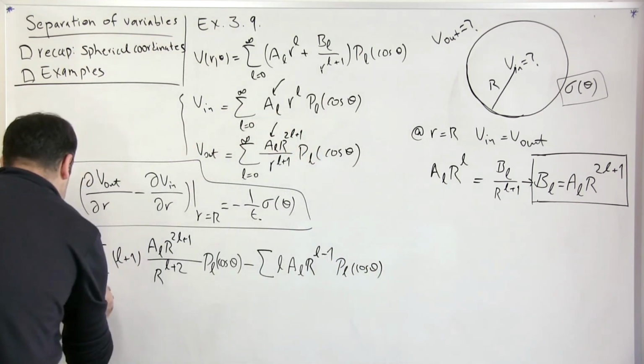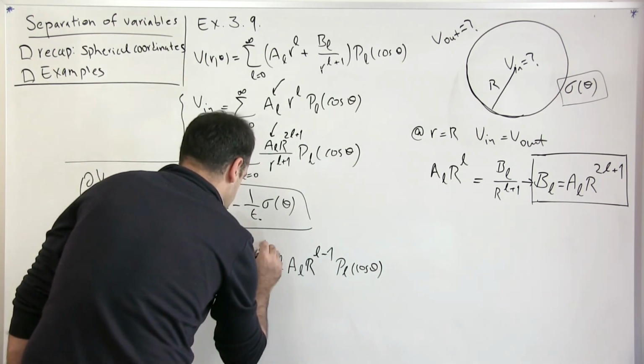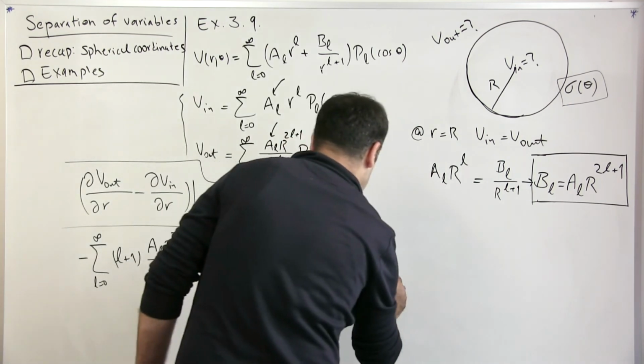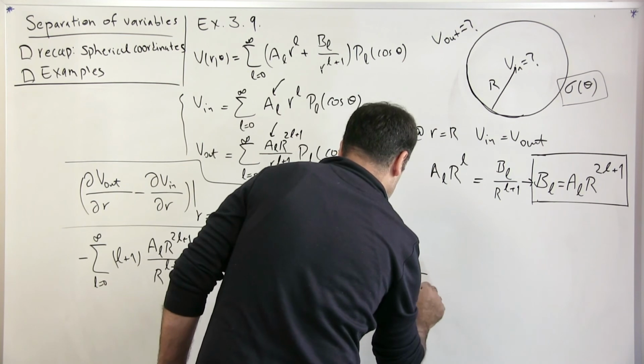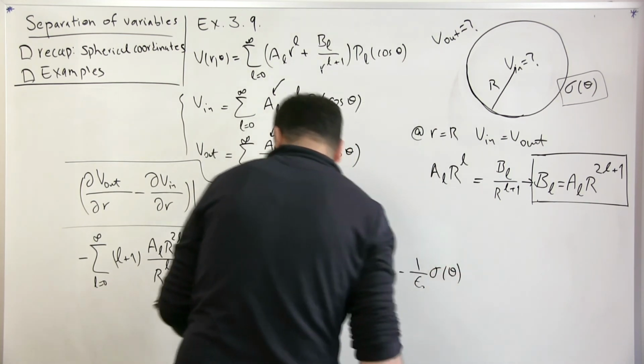In both cases, L runs from 0 to infinity. This should equal negative 1 over epsilon 0 times sigma of theta.